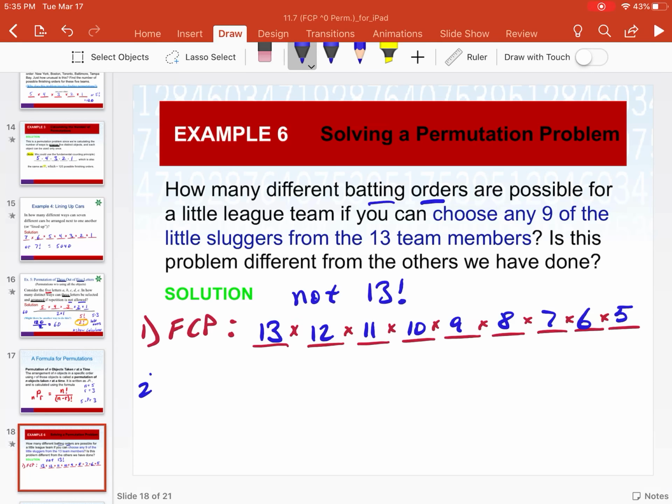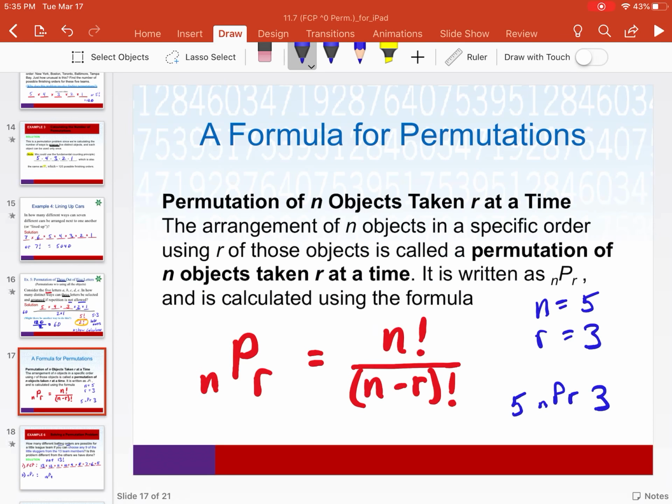Now, we just talked about the permutation formula, which is exactly what we do when we don't use all the items, right? For our problem, I have 13 to pick from, and I'm picking 9. So how many are not getting used? 4. And that is what our formula is, right?